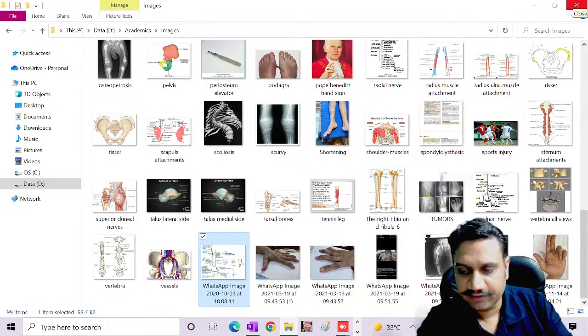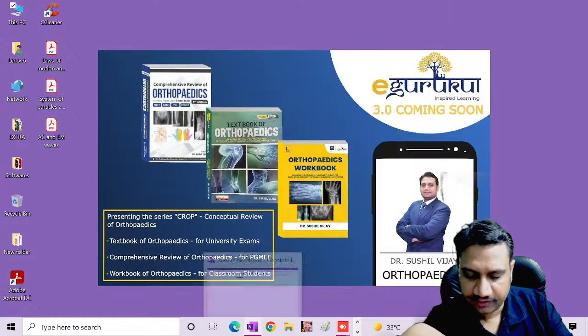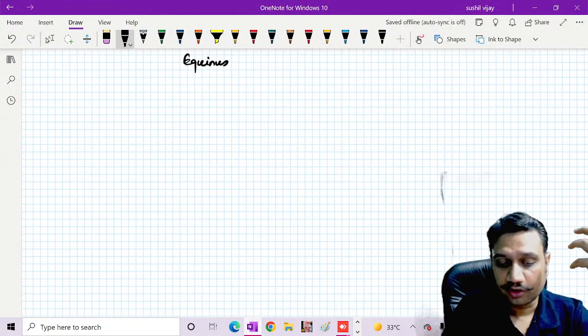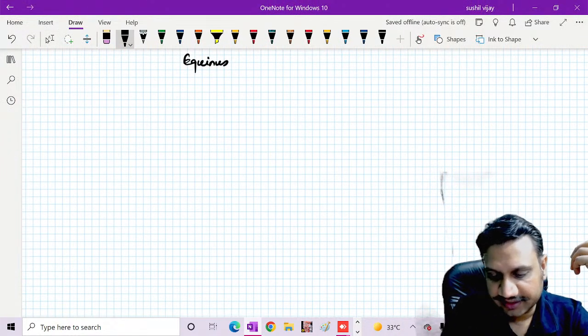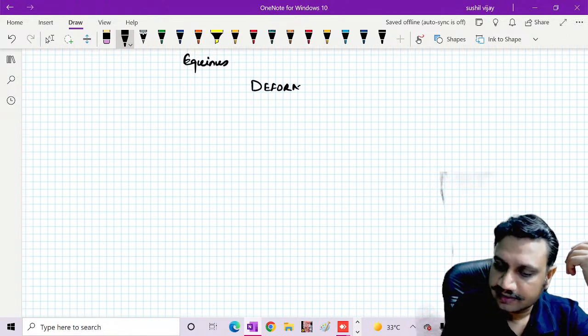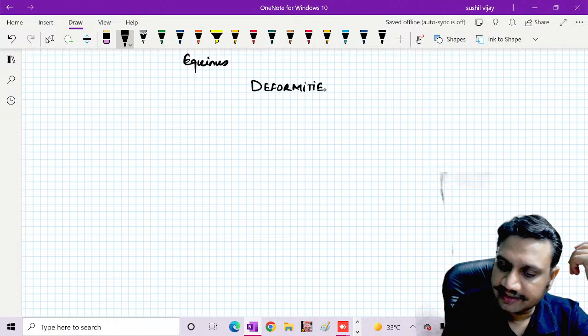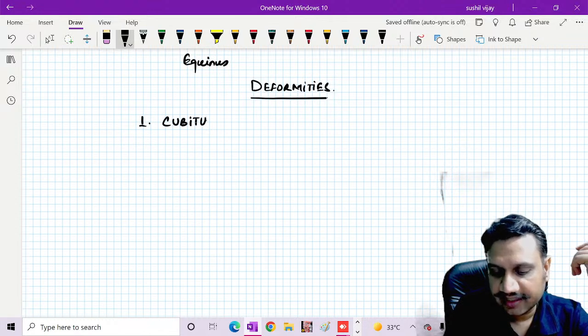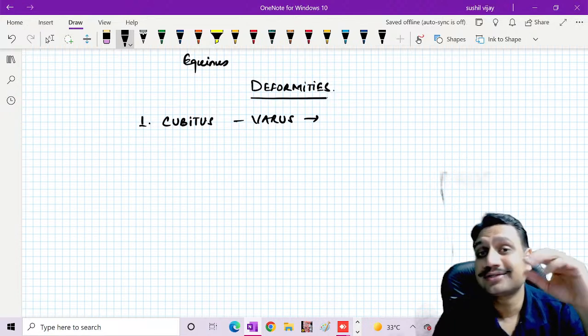And yes, the deformity part, you should remember the deformity part. I'll put all the deformities which we see in different common conditions. So please remember, when you talk about the elbow, it is cubitus varus, which is also known as gun stock deformity.